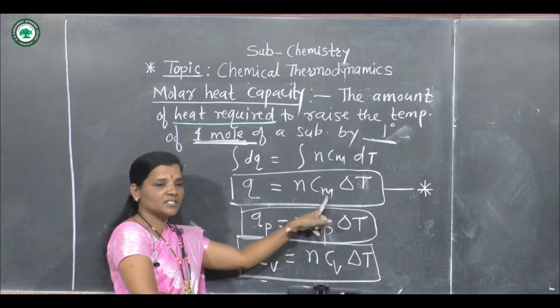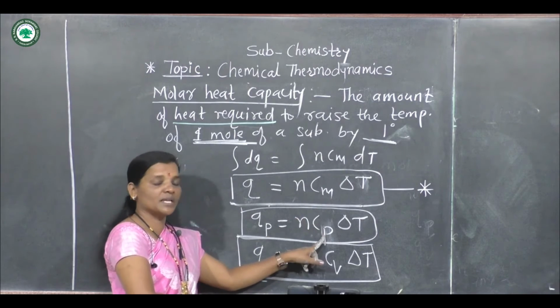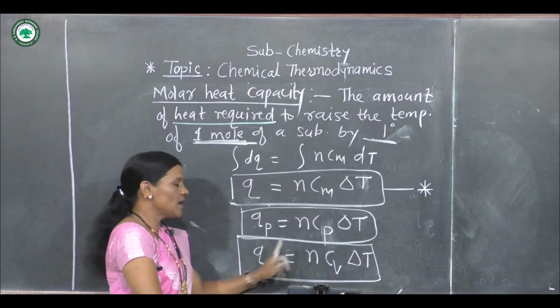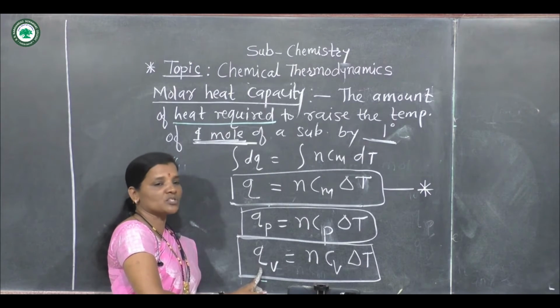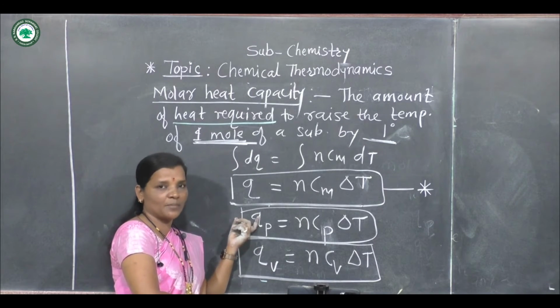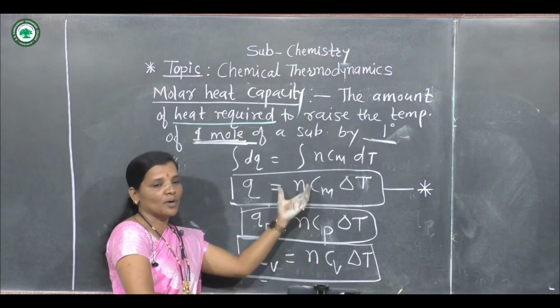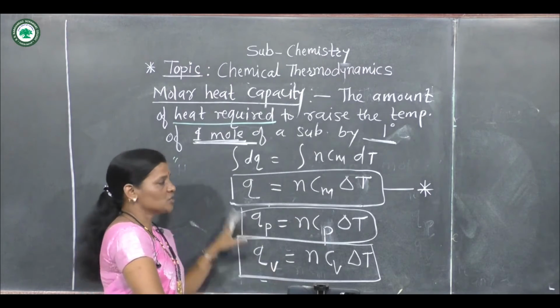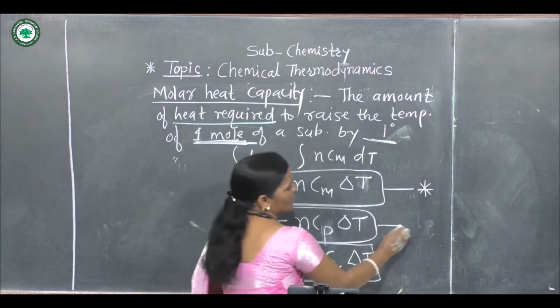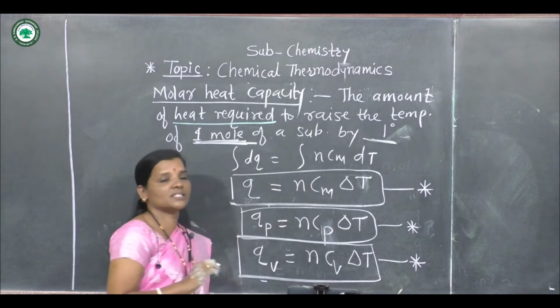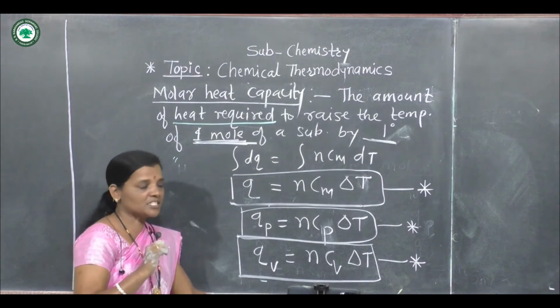Without writing subscript M, writing subscript P also indicates molar heat capacity at constant pressure, and for molar heat capacity at constant volume, subscripts are written for Q and for C. Formulas are the same. These three formulas are very important when we study the concept of molar heat capacity.